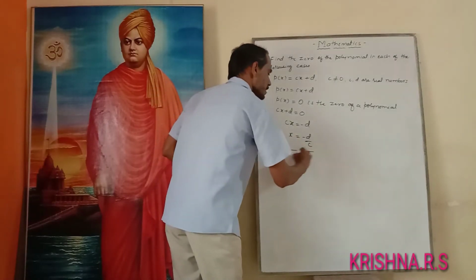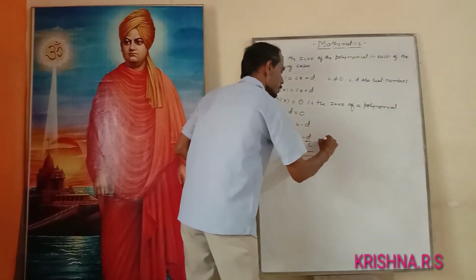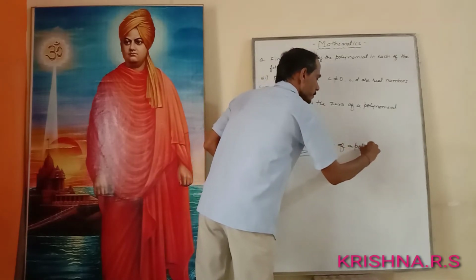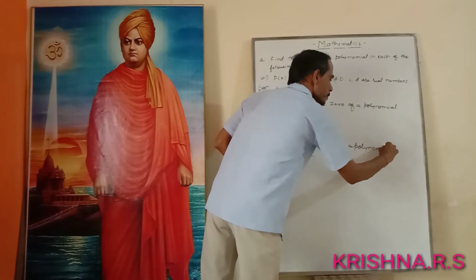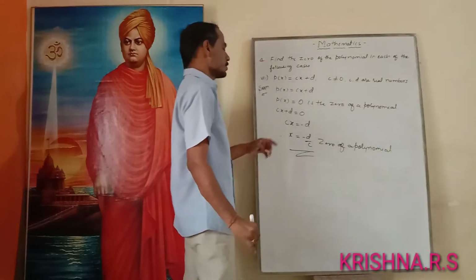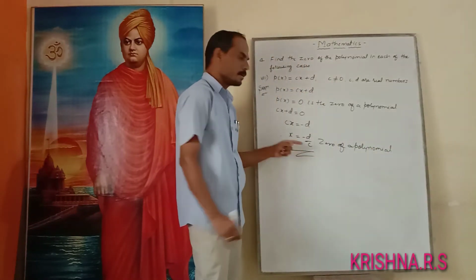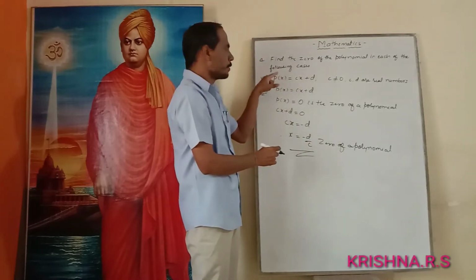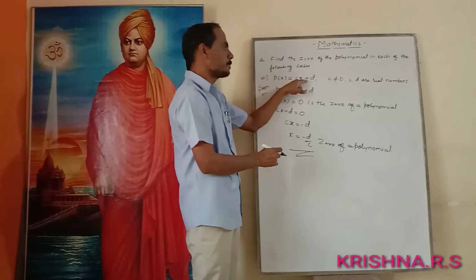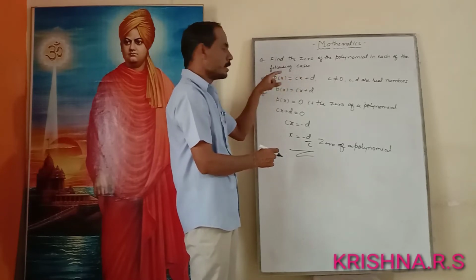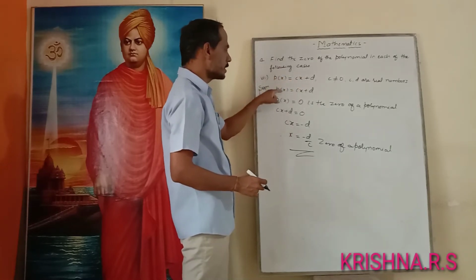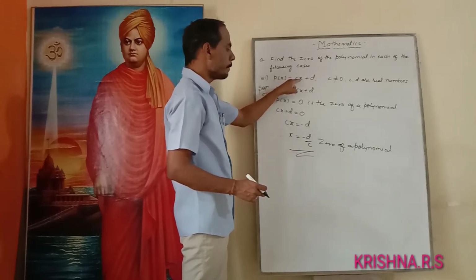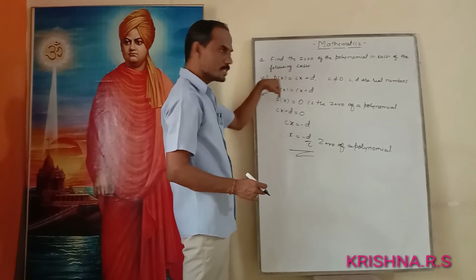X is equal to minus D by C is the zero of the polynomial. If you substitute minus D by C in this equation, P of x is equal to Cx plus D, the polynomial that is given, in that one x value is minus D by C. If you put it, see here, C into minus D by C, the C gets cancelled.